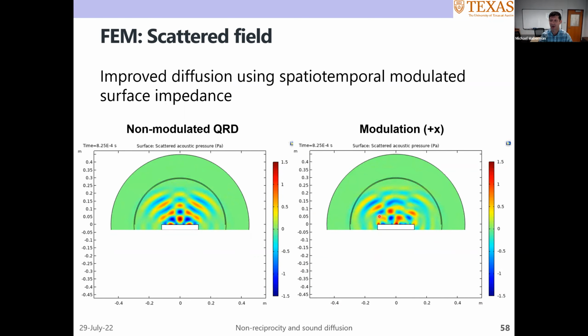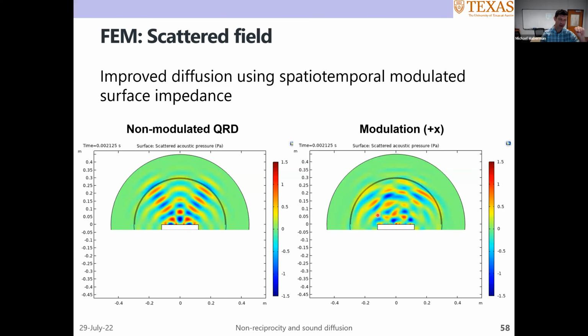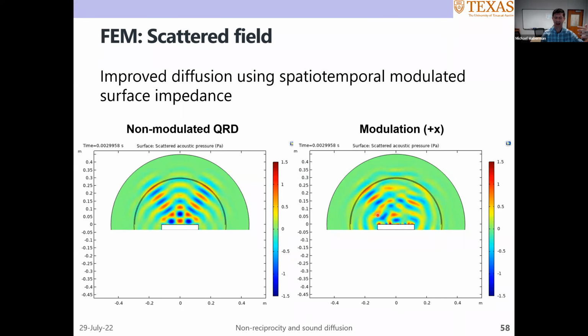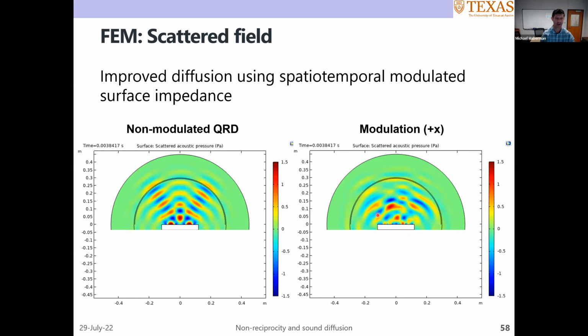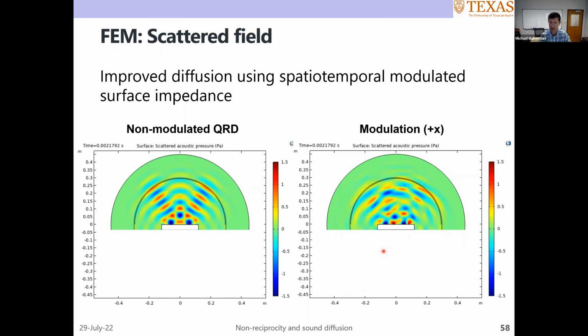You don't get some coherent summation in any given direction, because the amplitude and phase at every single point is changing as a function of both space and time. Which is really quite intriguing, because now you've got the same surface area but you're able to get significantly more diffuse energy from a single frequency incident wave.